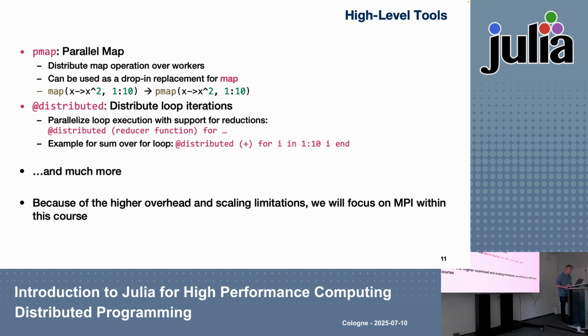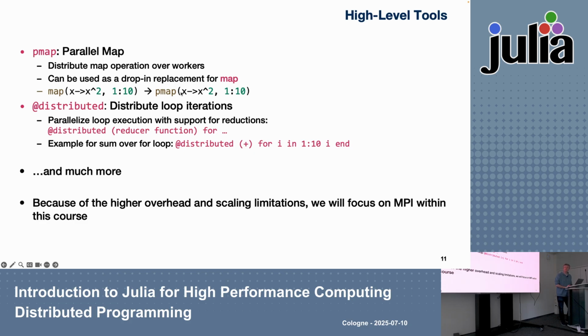There are also some higher level tools, for example, this parallel map with the pmap function. You give it a function and some input data, a collection, for example, and then every element will be processed with the passed function, and you will get as a result then a collection back with the result elements.